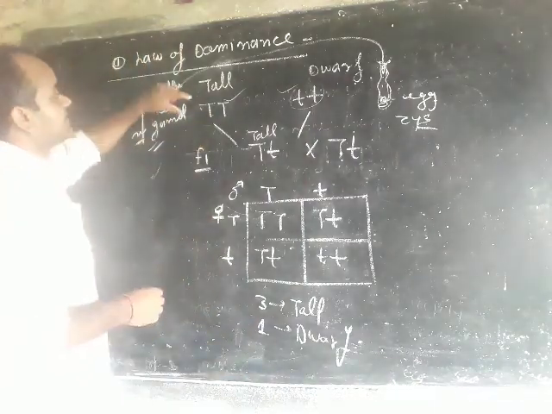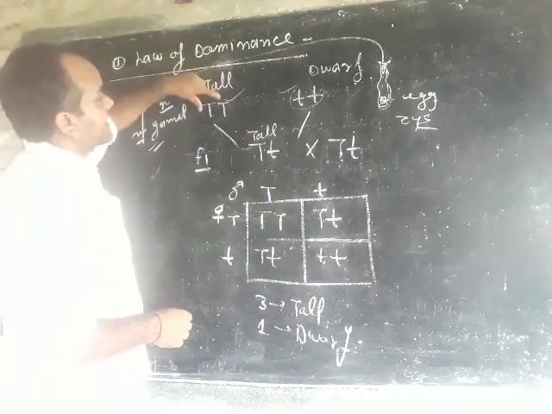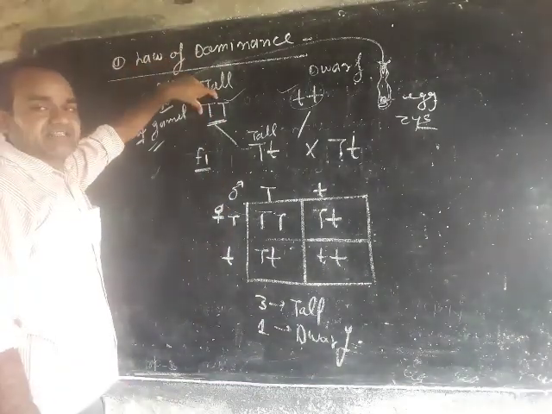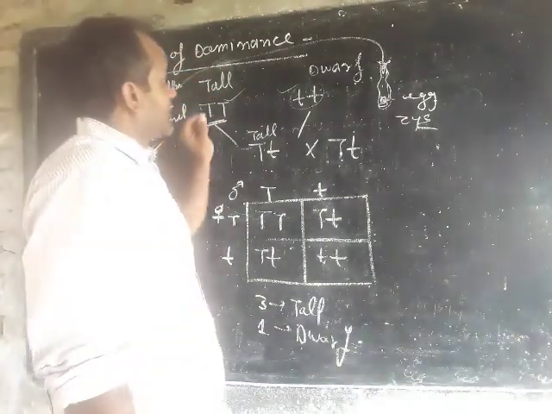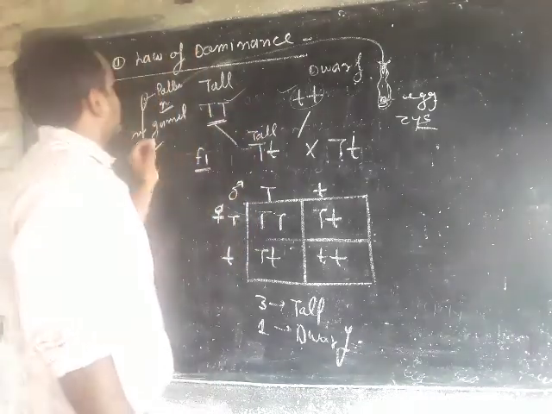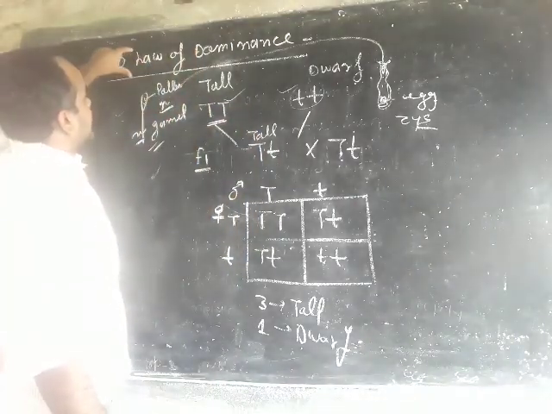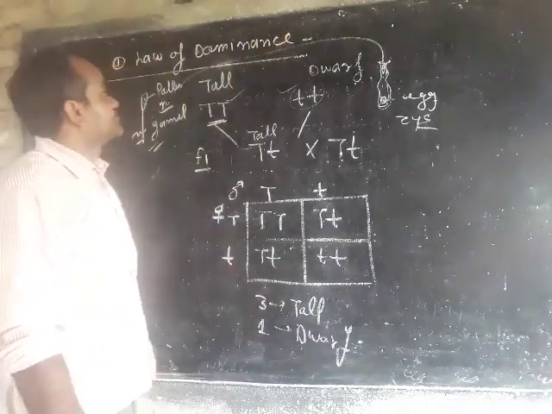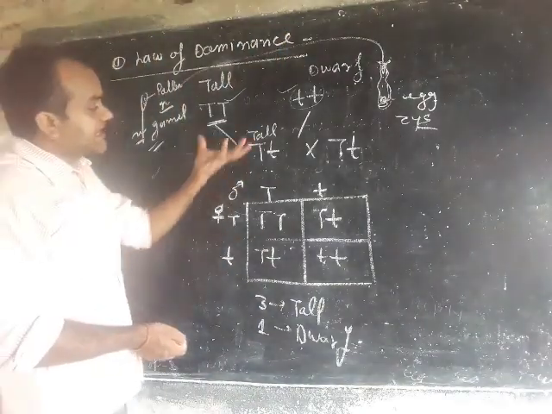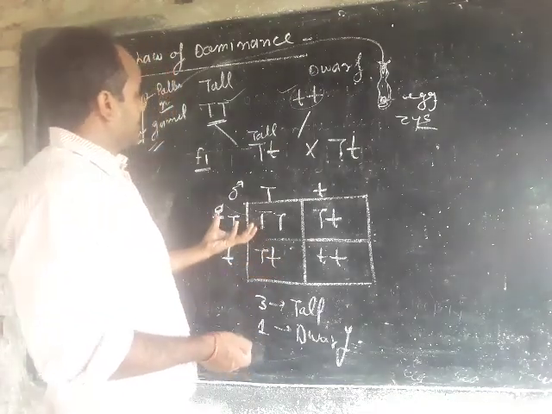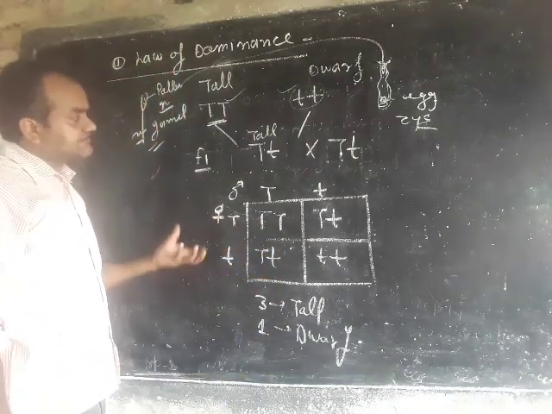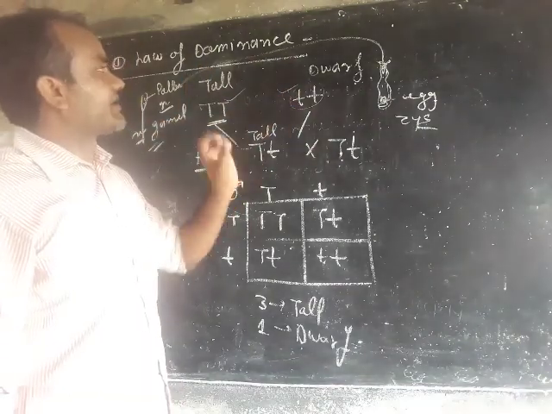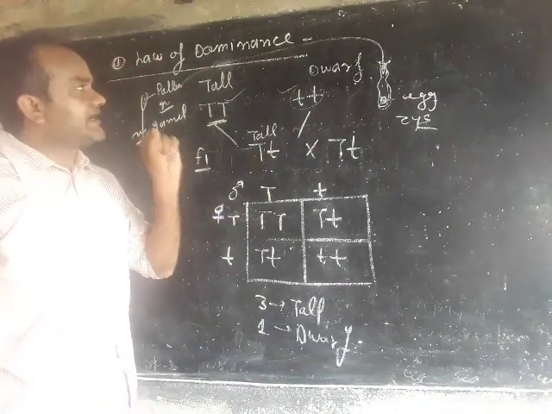According to Mendel, this is the genotype of the tall plant. Genotype means genetic structure. Now we will learn about the law of dominance, according to this cross between a tall and a dwarf plant.